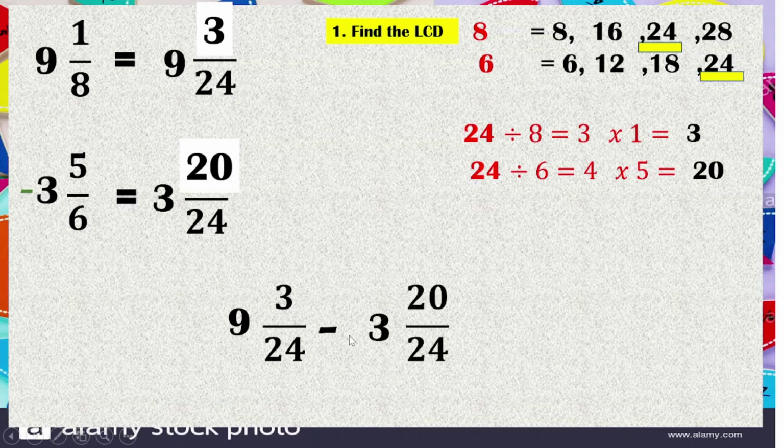So, ito na yung new mixed fraction natin. 9 and 3 over 24 minus 3, 20 over 24. 3 minus 20, hindi po maaari. Hindi maaari. That's why we're going to regroup. Okay? Ayan, na-rename na the fraction. Ito na yung rename the fraction na natin. May bago na tayong fraction. Na the same na ang denominator. Yun nga lang, hindi kaya bawasan ng 20 ang 3. So, gagawa tayo ng regrouping. So, ito yung pangatlong steps.